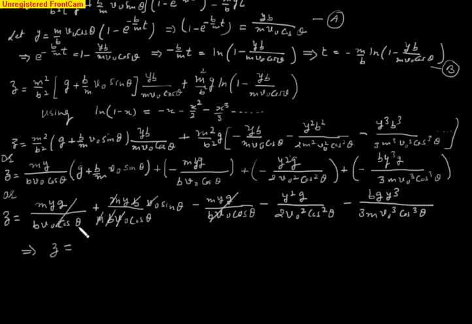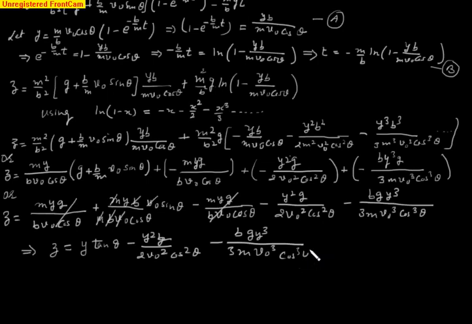So z is equal to, from here, this term I am left with only y sine over cos, meaning y tangent theta, minus y square g divided by 2 v naught square cos square theta, minus b g y cube divided by 3m v naught cube cos cube theta.